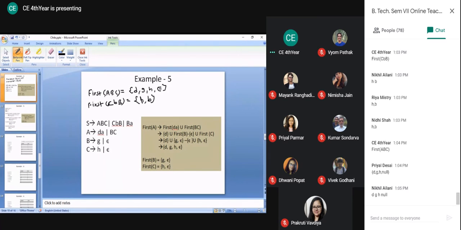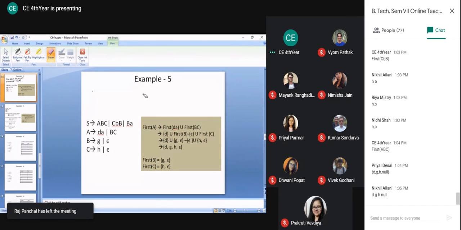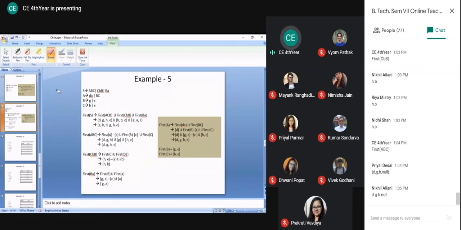So now, using this information, if I want to find first of S, we have done all these steps. We have found first of BA, it is G and A. Then first of CbB is h and b.